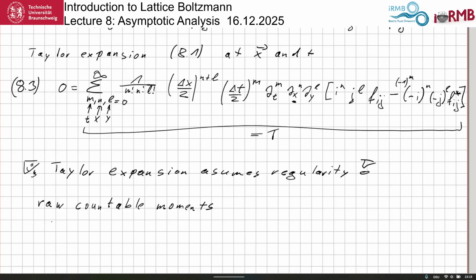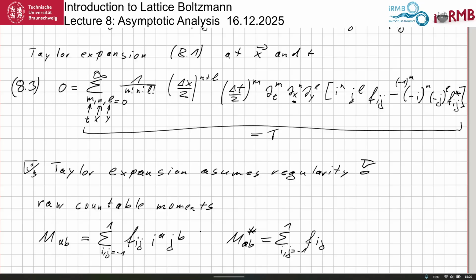moments. So the raw moments M_AB, we've already, of course, introduced this, with i, j from -1 to 1 for that particular lattice, f_ij, i to the power of a, j to the power of b. And for post-collision moments, we have the same, we just indicate this by an asterisk. f_ij post-collision, i to the power of a and j to the power of b.